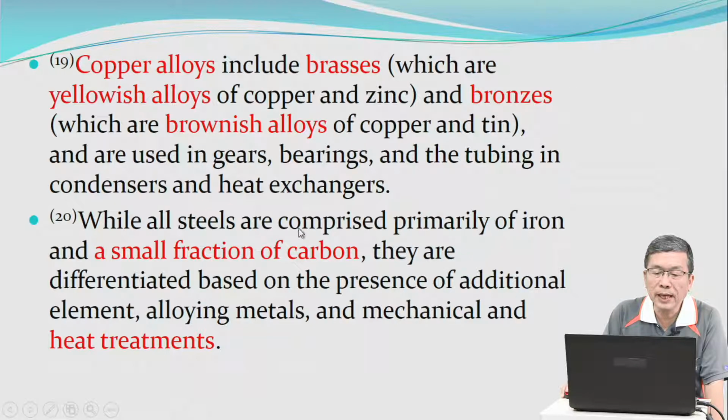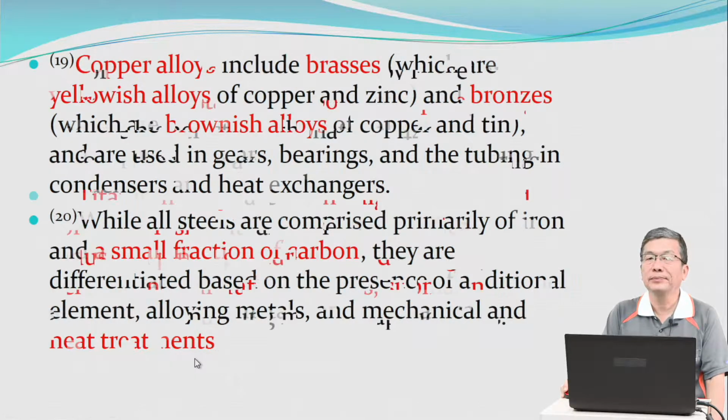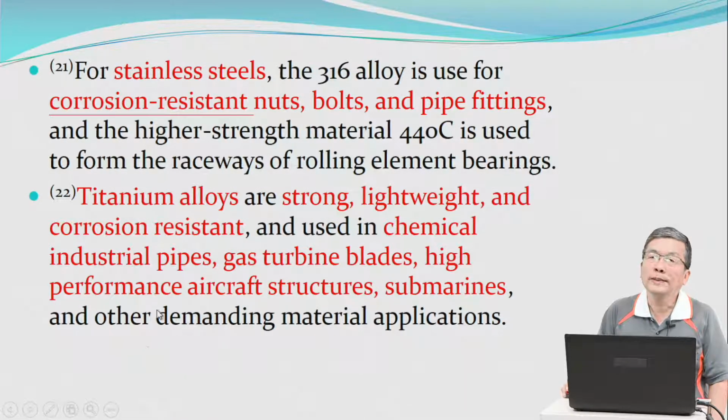While all steels are comprised primarily of iron and a small fraction of carbon, they are differentiated based on the presence of additional elements, alloying metals, and the mechanical and heat treatments. For stainless steel, the 316 alloy is used for corrosion resistant nuts, bolts, and pipe fittings.